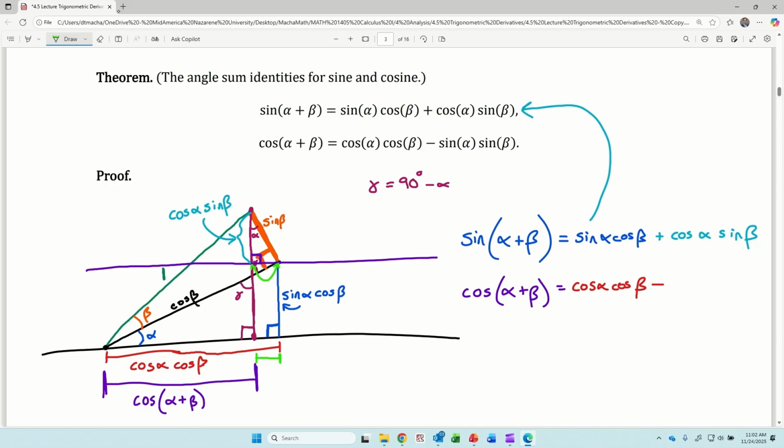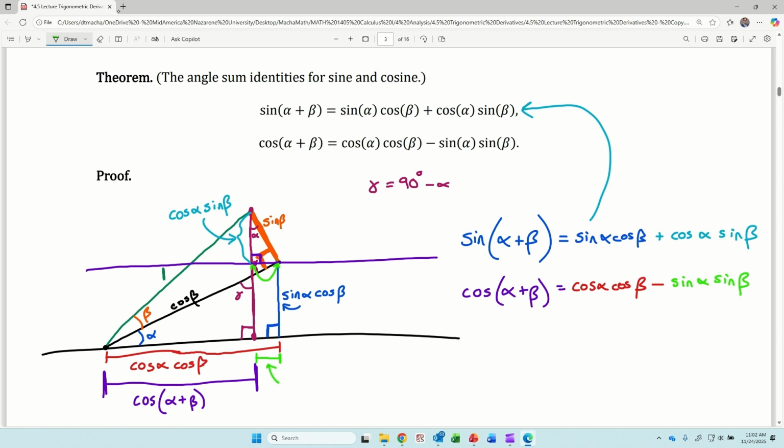And so in lime green, that is going to be the side length opposite the angle alpha in this triangle that has hypotenuse sine of beta. And so the ratio of opposite over hypotenuse is going to be sine of alpha, and then, of course, times the hypotenuse, which is sine of beta.